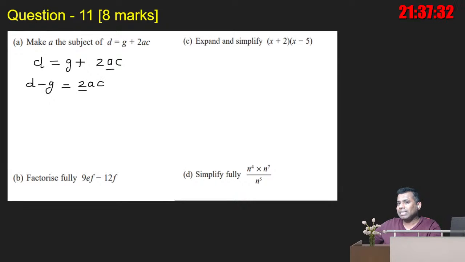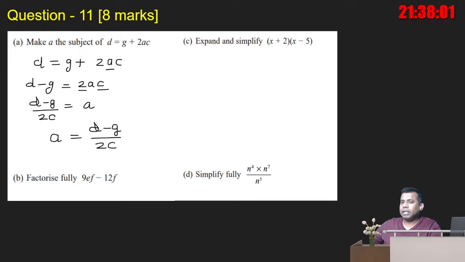So 2 and C multiply the A, so you need to do the reverse operation, right? So divide. So A on its own equals D minus G over 2C. So the answer is A equals D minus G over 2C. That is the answer for the A part.